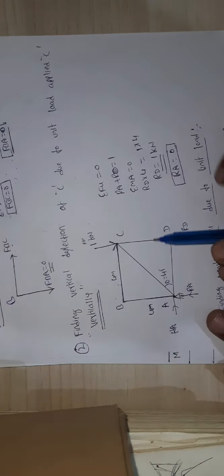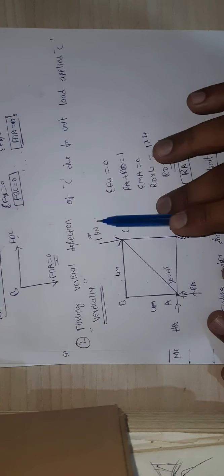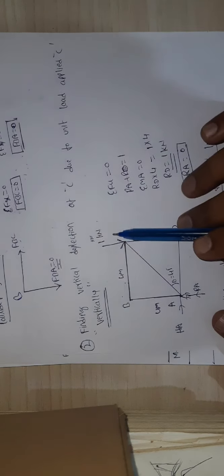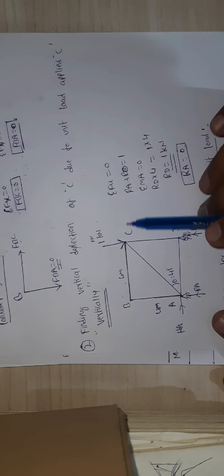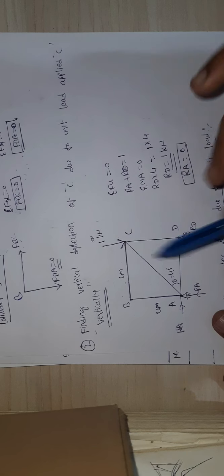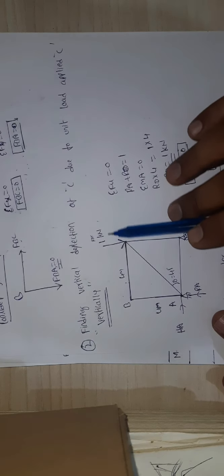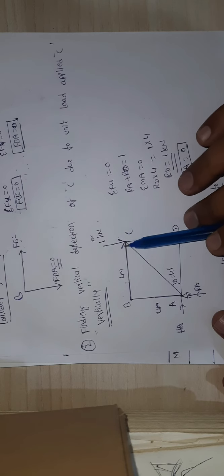In the truss, I removed all the external forces and I applied 1 kilonewton vertically. Please remember, you cannot apply horizontal load. You are finding vertical deflection, so you need to apply 1 kilonewton acting vertically downwards.